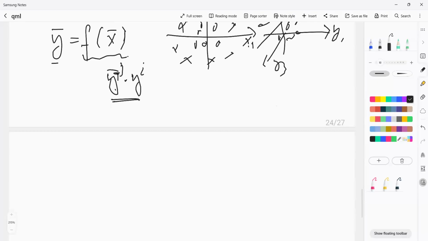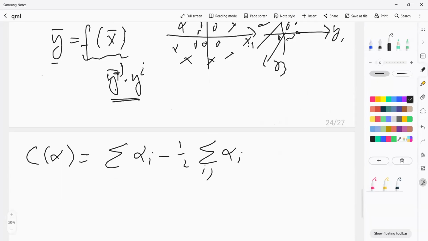So it means that our cost function in another space is simply alpha I. I'm just forgetting these primes again. It doesn't really matter what you call them, but let's keep them.